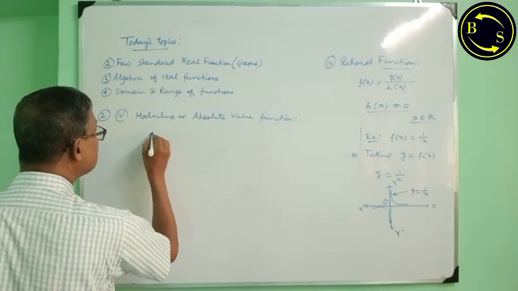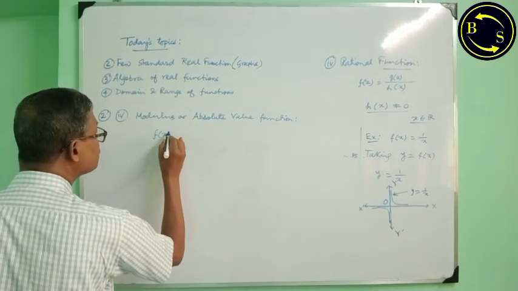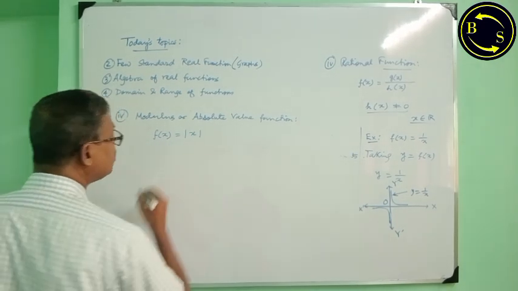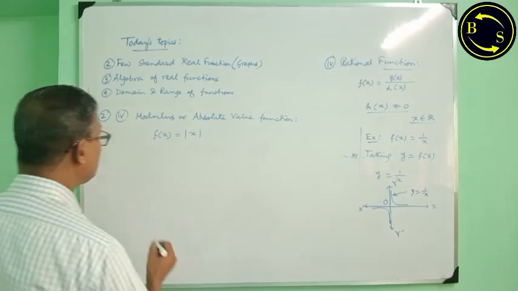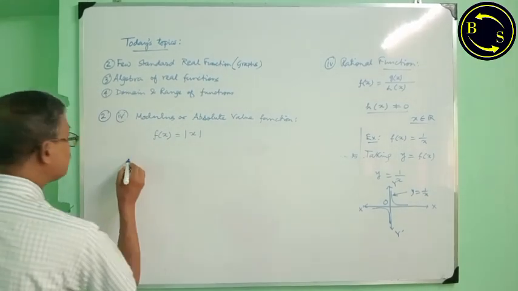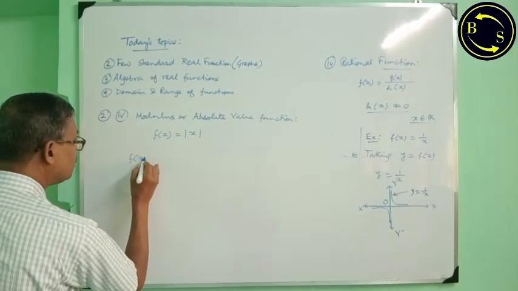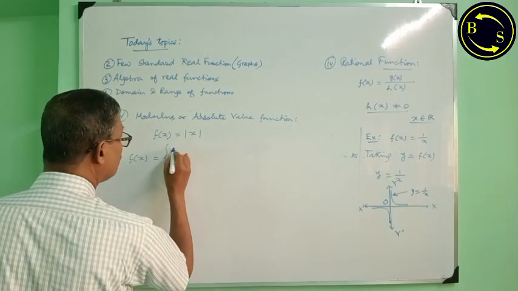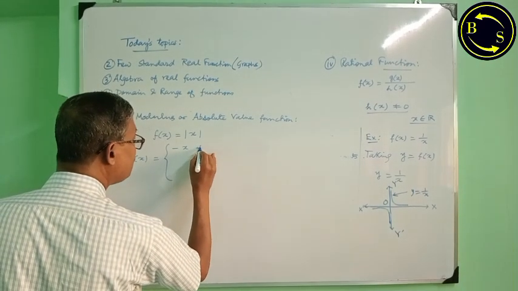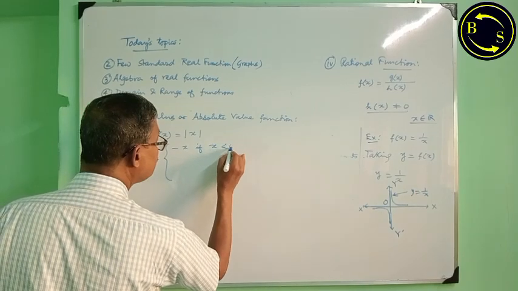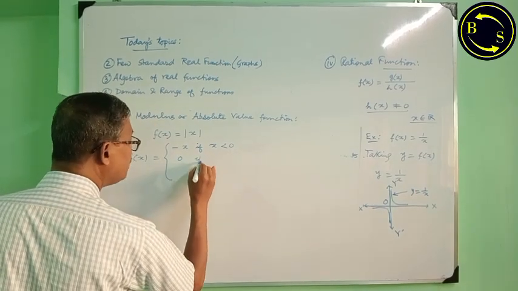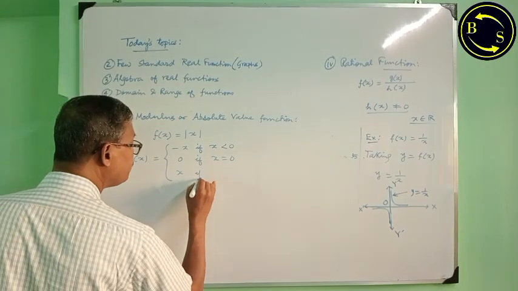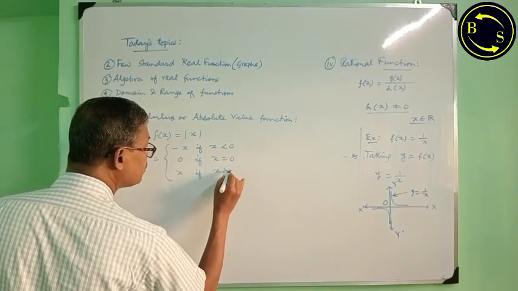This is given by f(x) is equal to, already you have learned this symbol, mod of x. Now, the definition for f(x) will be minus x if x is negative, 0 if x is equal to 0, and x if x is greater than 0.